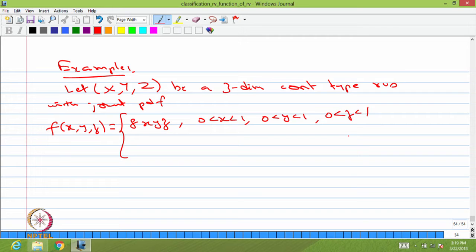It is a times x, y, z in these intervals, 0 otherwise.